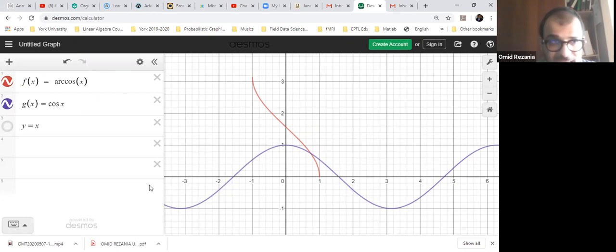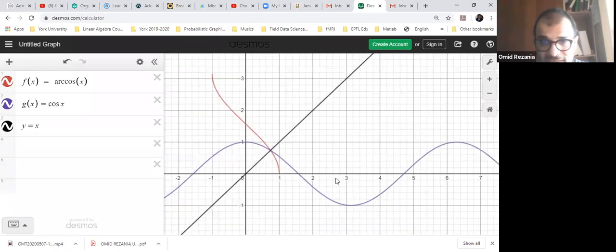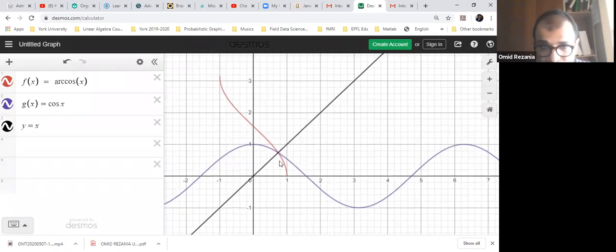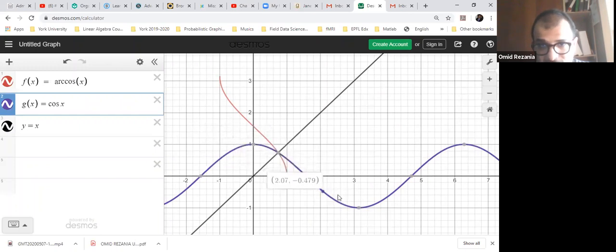But remember that if I plot y equals x as a line of symmetry, you look at these two parts, the red one and the blue one, which is moving from here to there. You see the blue one from here to there?